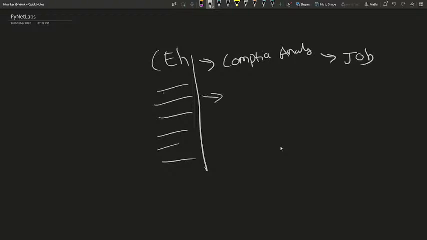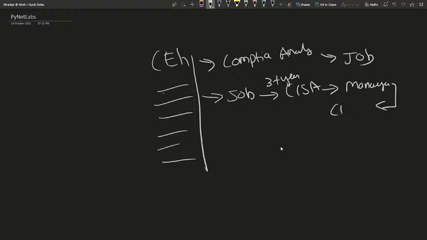Then after this, let's talk about the biggest role, CISO. After doing the CEH, you can go for a job, have about 3+ years of experience, then go with the CISA, become a manager, then apply for CISSP and apply for the job of CISO.